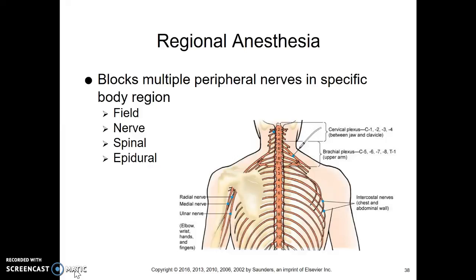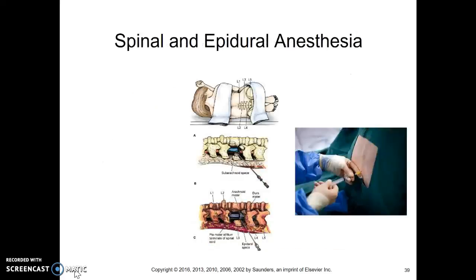You can have field anesthesia where it is covering a field of several different nerves, or you can have individual nerve anesthesia, or you can have spinal or epidural like we talked about.